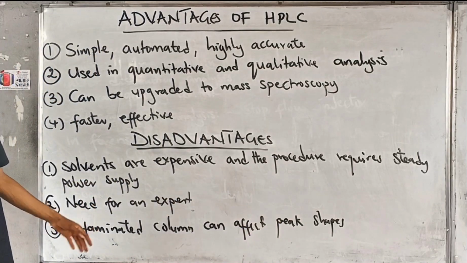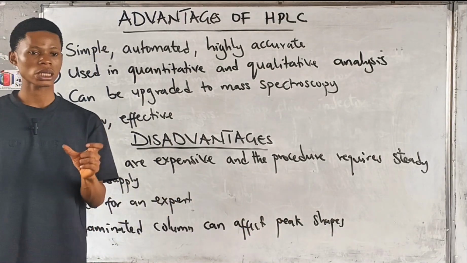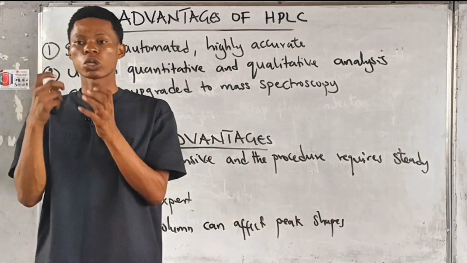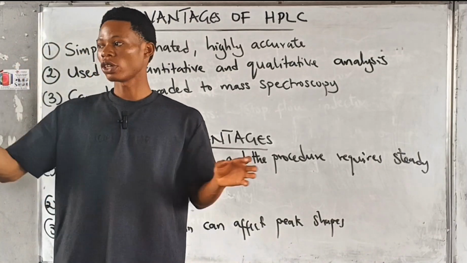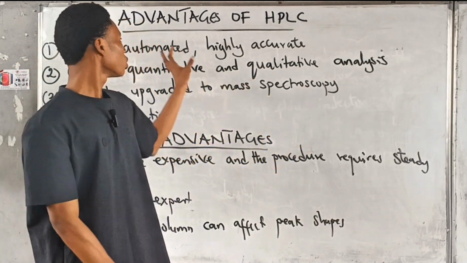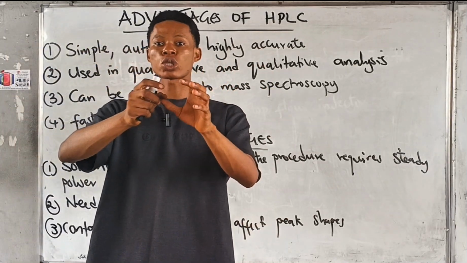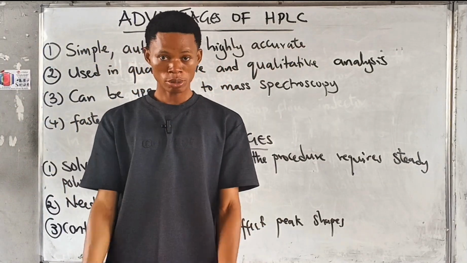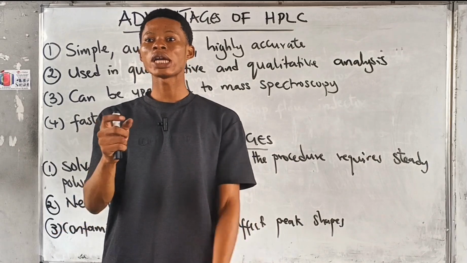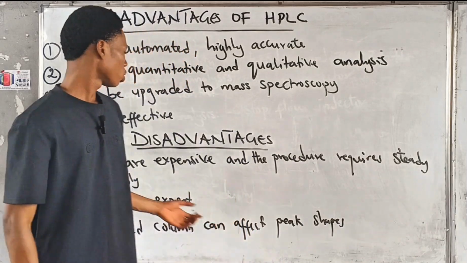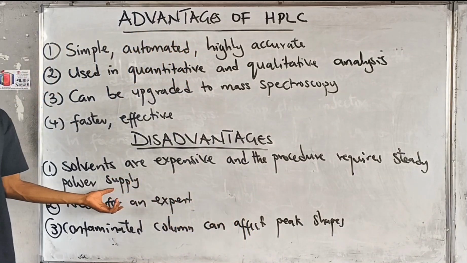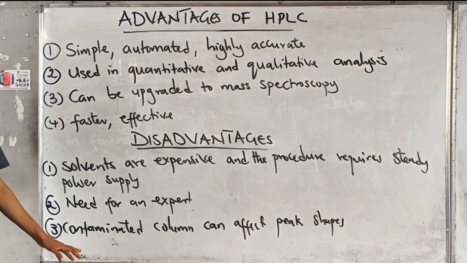Number two, it needs an expert. So you must have idea of it. If they just take you now to where this HPLC is and say, oh yeah, this is the sample we want to separate, oh yeah, start, you'll just be looking at the machine like this. So it requires an expert in the manipulation of the equipment.